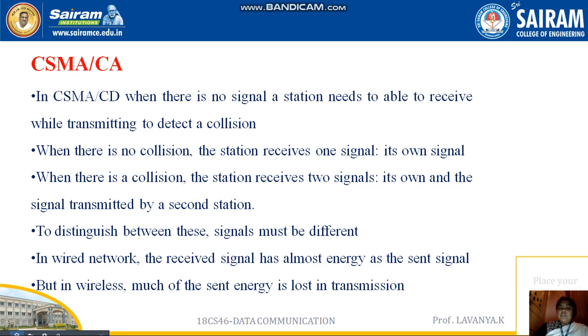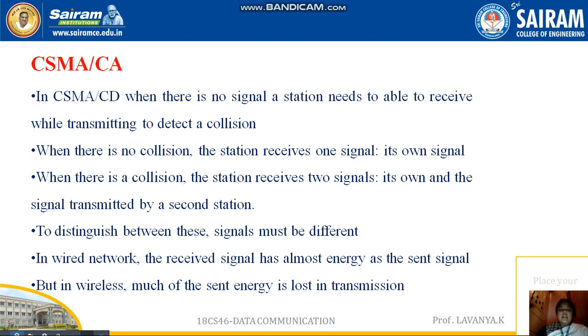The difference between these two signals must be clear: the original signal will be different from the collision signal. Yes, obviously. So the signal will be different from the original signal after the collision detection.